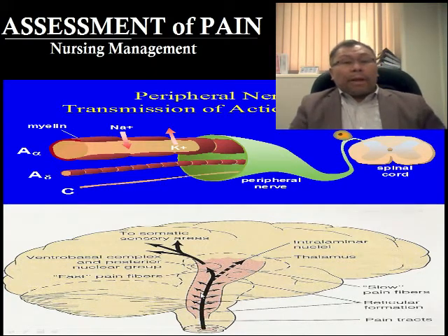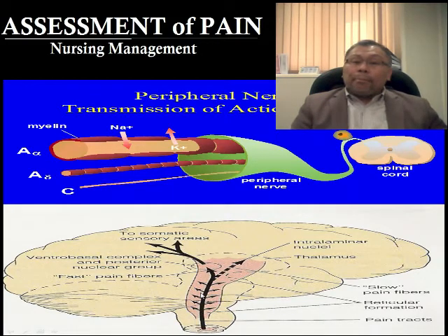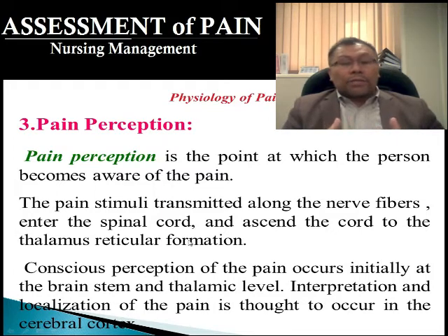So we have the pain reception or pain perception. This is the point at which the person becomes aware of the pain. The pain stimuli is transmitted along the nerve fibers. It will enter the spinal cord and ascend to the thalamus and reticular formation. Conscious perception of the pain occurs initially at the brain stem and thalamic level.